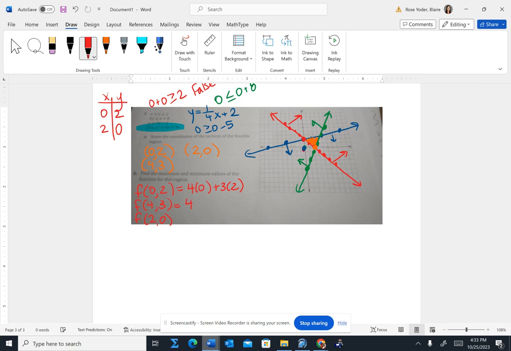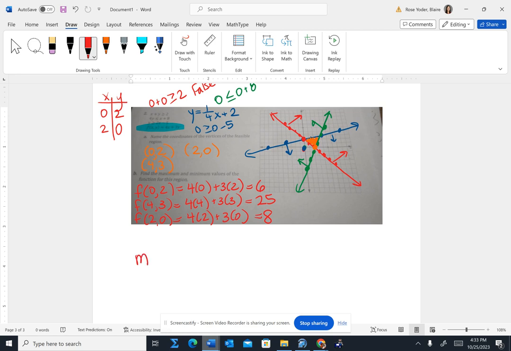Then I'm going to plug in 4 times 4 plus 3 times 3. And then I'm going to plug in 4 times 2 plus 3 times 0. And then I want the maximum and the minimum. So 0 plus 6, 16 plus 9, and 8 plus 0.